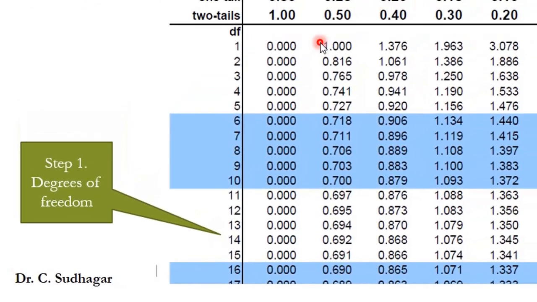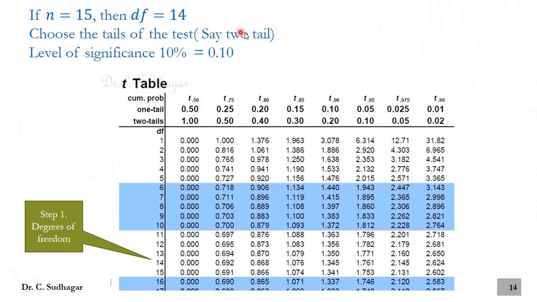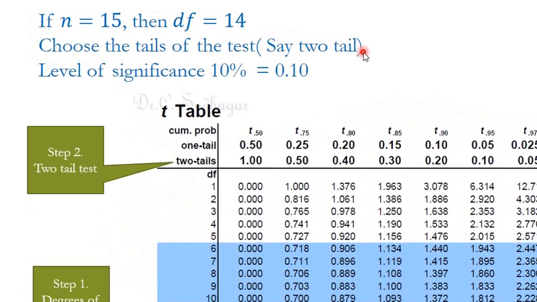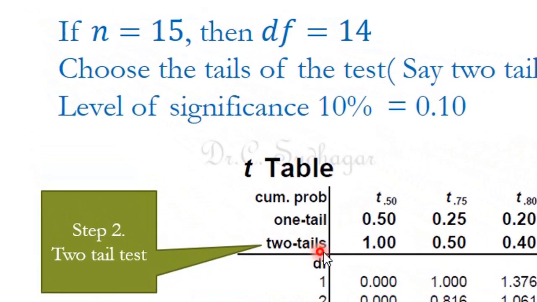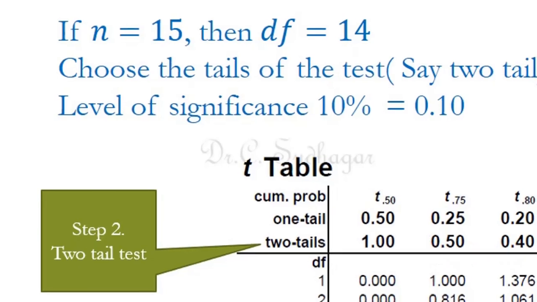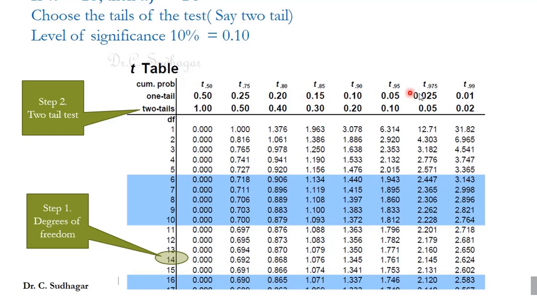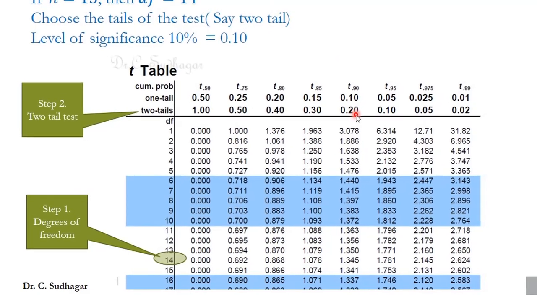Second, we should take care of the nature of the test. It is a two-tail test. If it is a two-tail test, you can take the value from this row. In this row, levels of significance are given for two tails. In this row, levels of significance are given for one tail. If it is a two-tail test, look at these values.